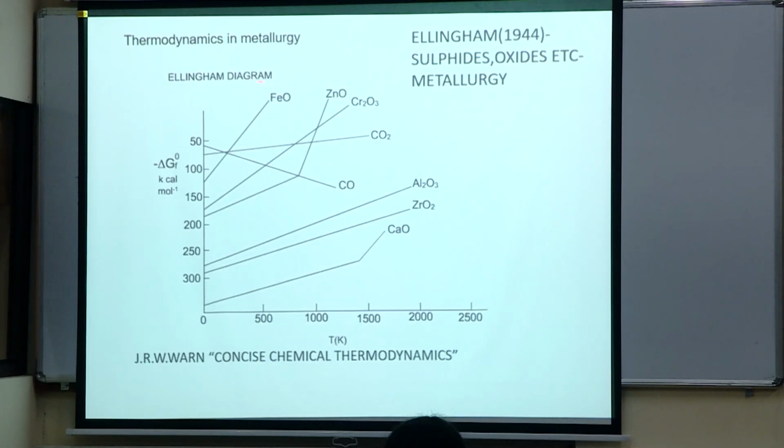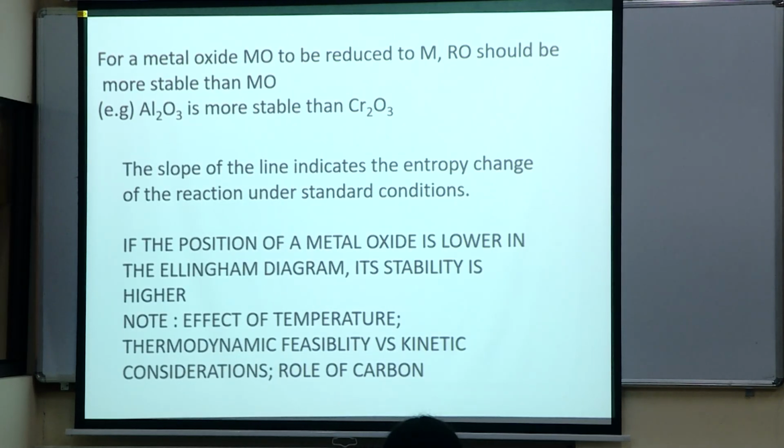So this is known as Ellingham diagram, known more than hundreds of years ago. Right? This they have done for oxide. You can also do for sulfides and so on. This is called Ellingham diagrams. Right? Very important for our metallurgy students. Right? So you can see here, if you want a metal oxide to be reduced to M, RO should be more stable.